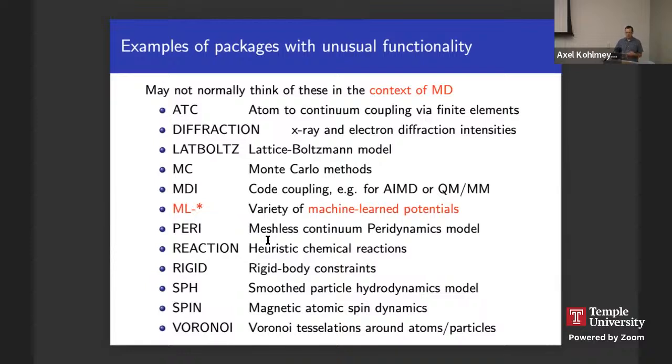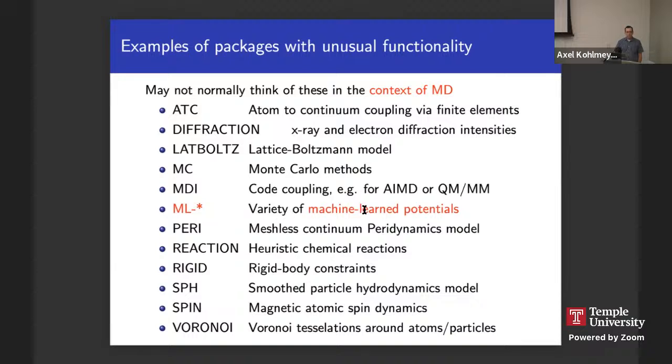You may not think of this as molecular dynamics of atoms bouncing around, but you have continuum methods. You can look at X-ray diffraction. You can do a lattice Boltzmann model, Monte Carlo, or couple to other codes like density functional theory or quantum mechanics.